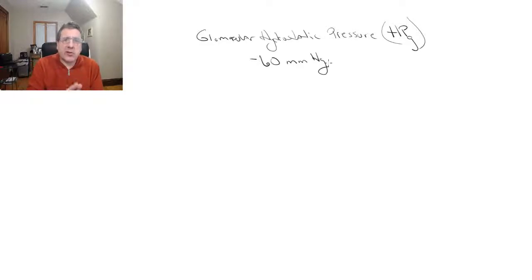And this is your primary factor in determining how much filtrate is formed. Now, this pressure is determined based on the afferent and efferent arterioles. Remember, the afferent arteriole was a much larger vessel than the efferent.